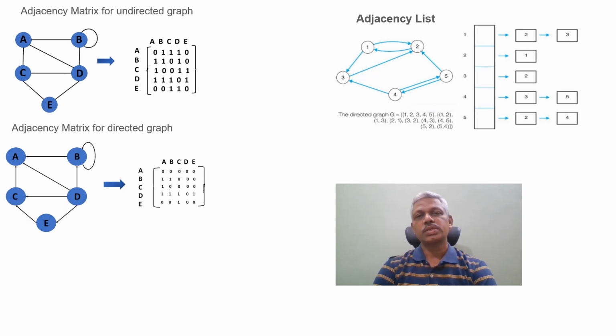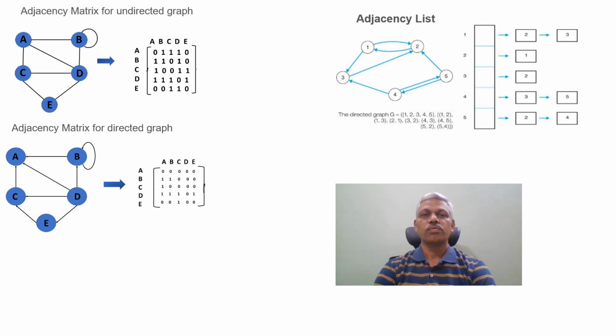And another representation of graphs is in the form of adjacency list. That is, a linked list of linked lists can be represented here. From each vertex, we can reach a collection of other vertices. Now, if I start with vertex 1, I can reach vertex 2 and vertex 3 from 1.